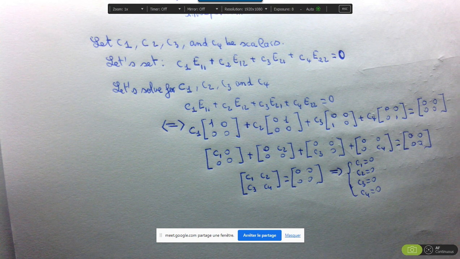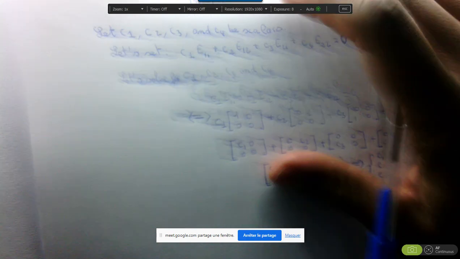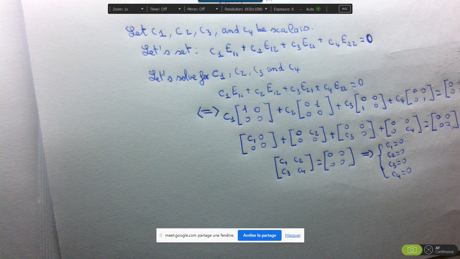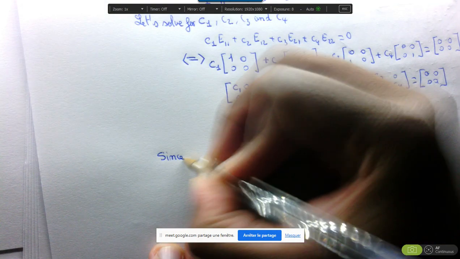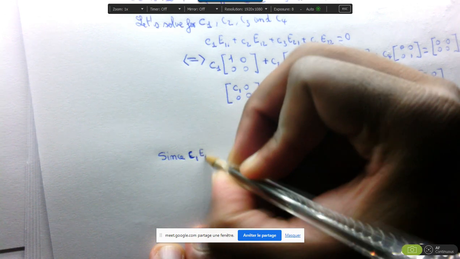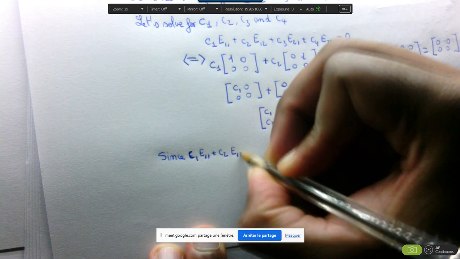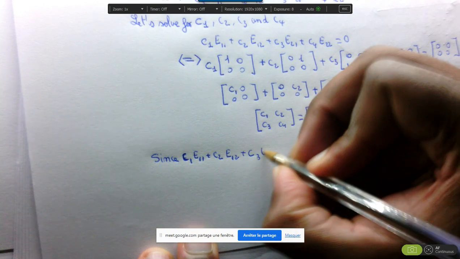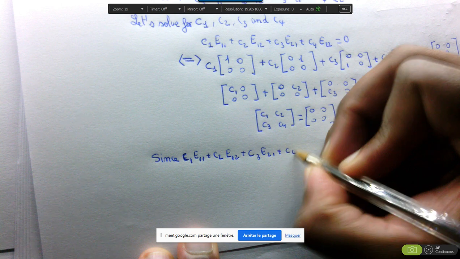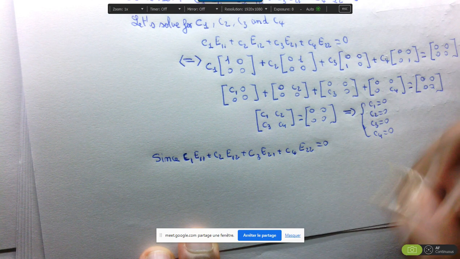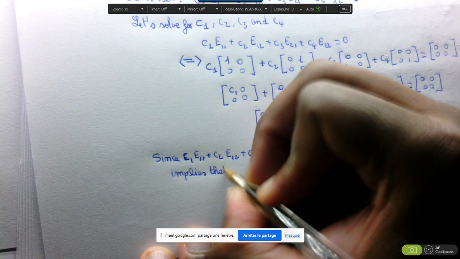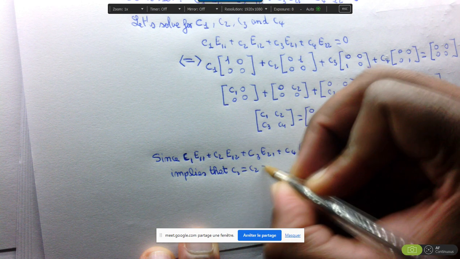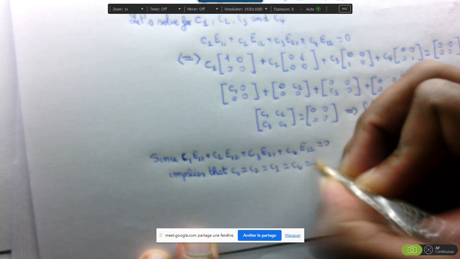So here we can say that since C1 E11 plus C2 E12 plus C3 E21 plus C4 E22 equals 0, this implies that C1 equals C2 equals C3 equals C4, which is equal to 0.